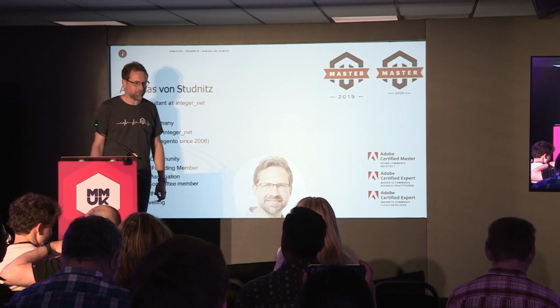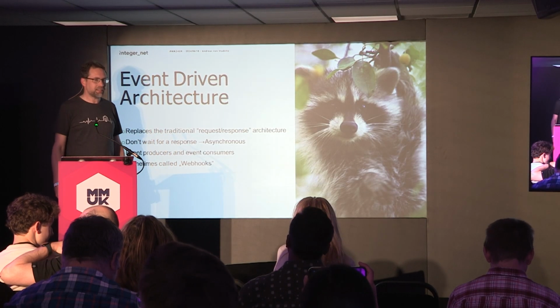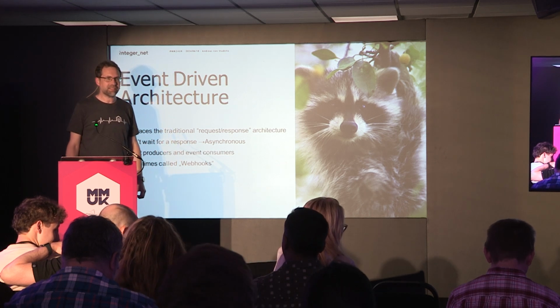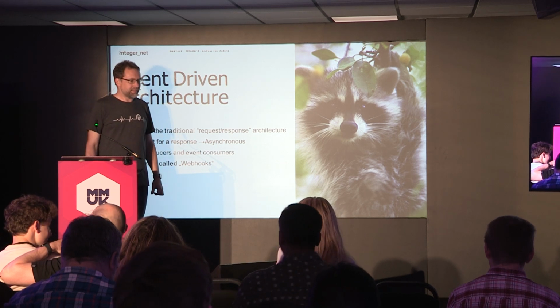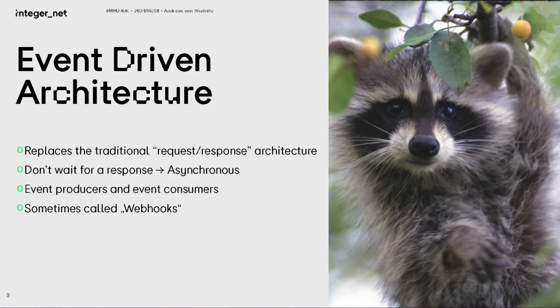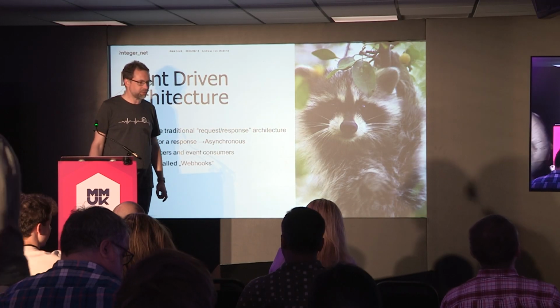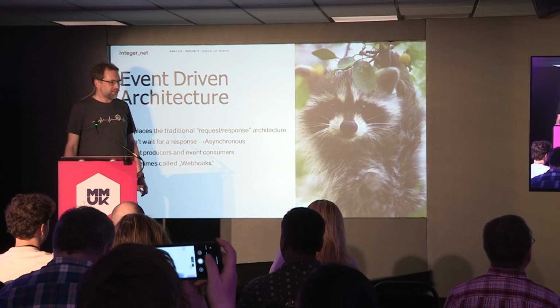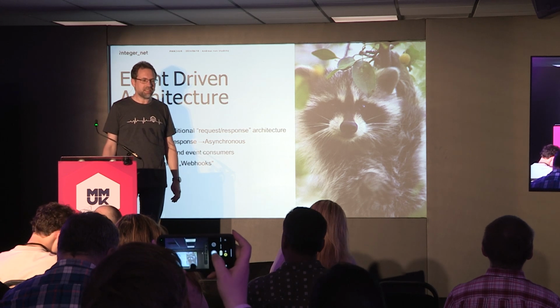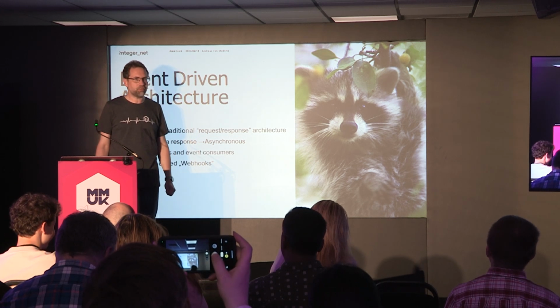the great UK events. Today it's about event-driven technology, event-driven architecture, and well, it's a modern type of architecture. It's about connecting different systems, different software systems, different servers, and it's different from the traditional request-response scheme because you don't wait for a response.